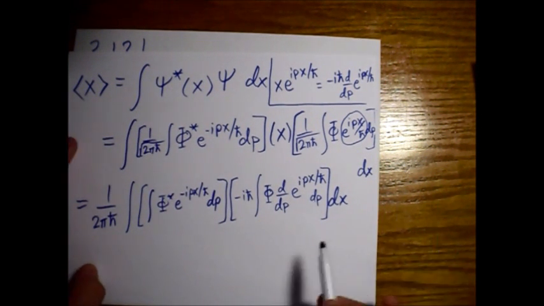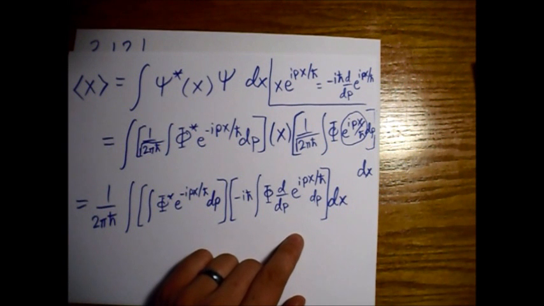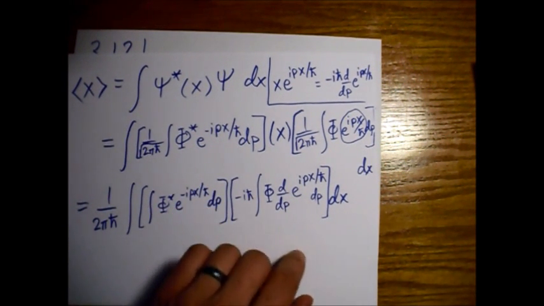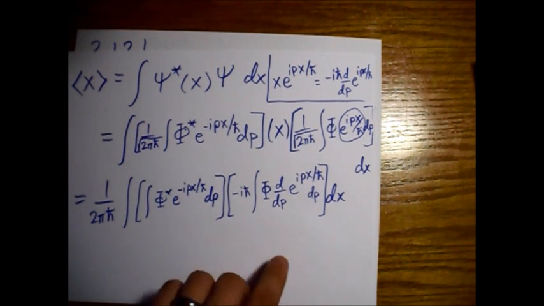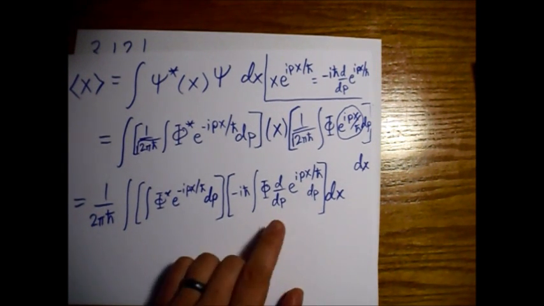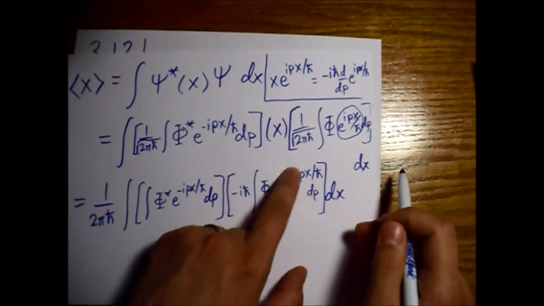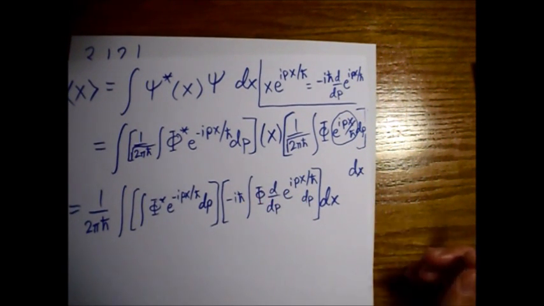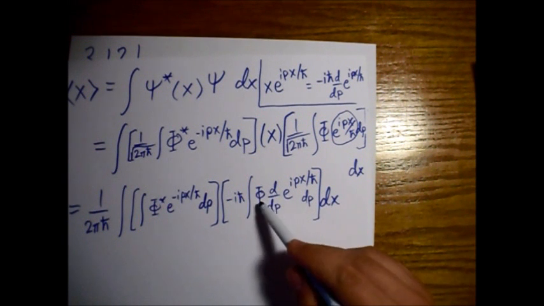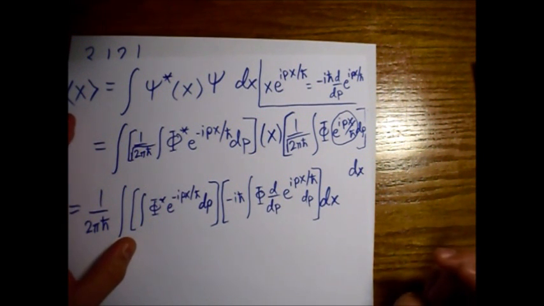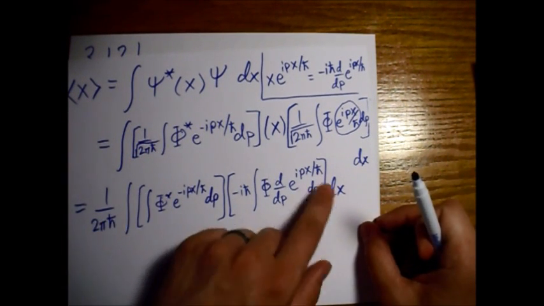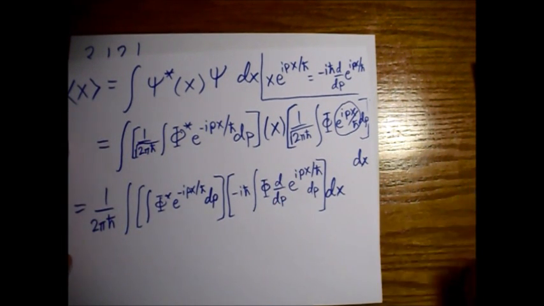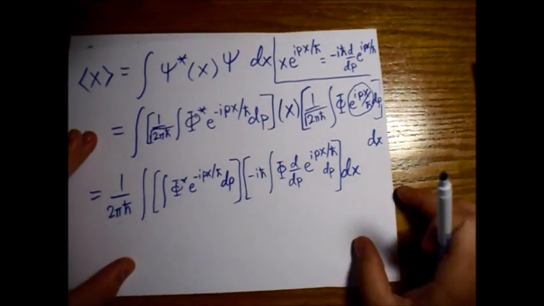All right, so now, since these wave functions all go to 0 at infinity, they're all normalizable, we can do our little trick where we switch the derivative from this part over to the other part. Integration by parts, right? And so we just do that, but we also get a minus sign out of it. Okay.